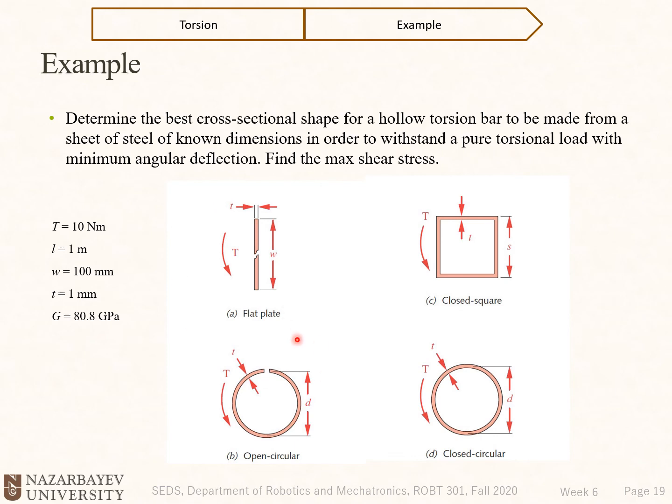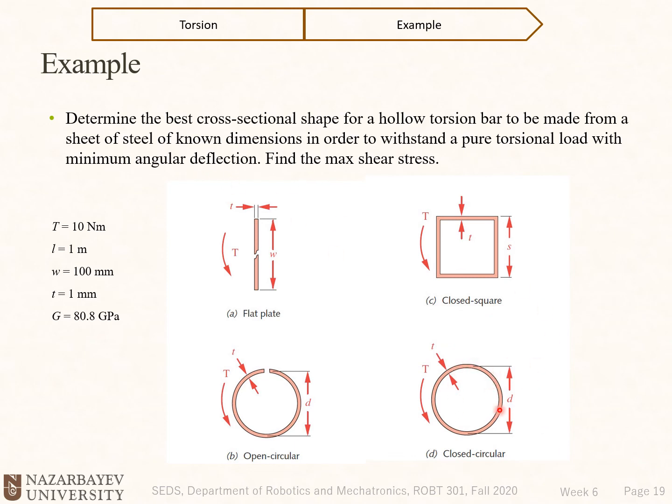Okay, so intuitively, we could guess that A and B will experience the highest angular deflection, and C and D should experience less because they are closed sections. And as we said, circular cross sections have the optimum value in angular deflection.